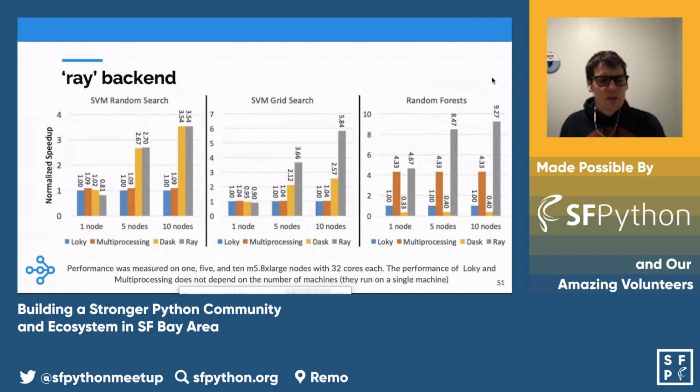If you're curious about this little benchmark, it was measured on 1, 5, and 10 M5.8X large nodes with 32 cores each. And really, Loki and multiprocessing don't depend on how many nodes you have.